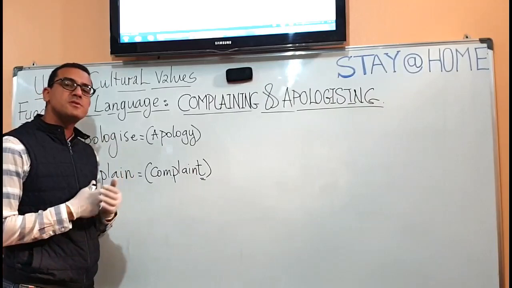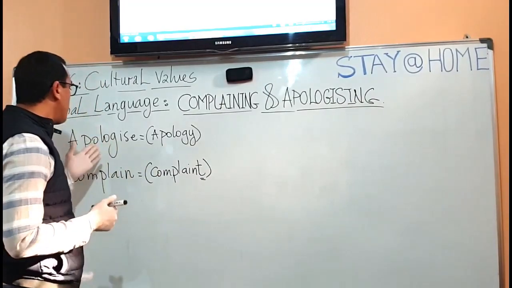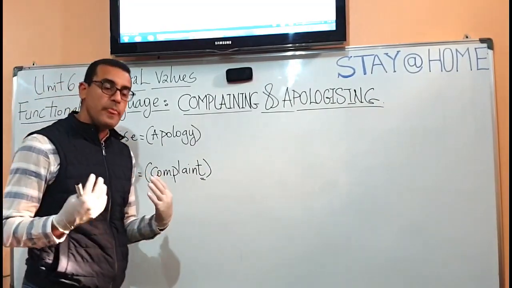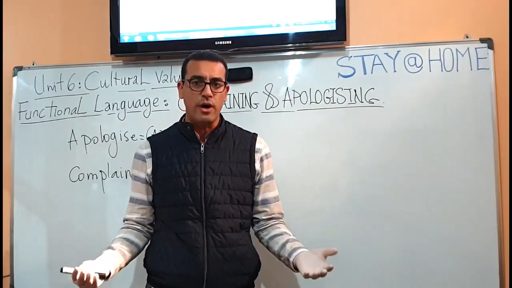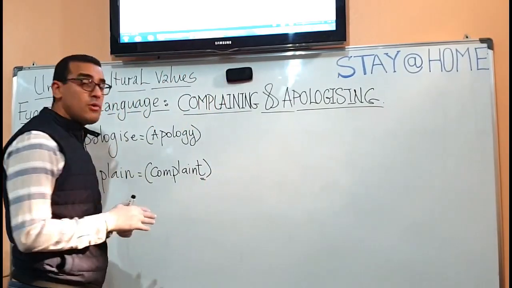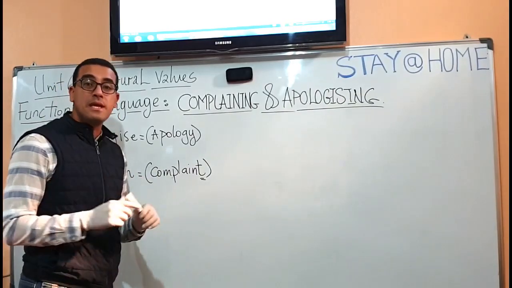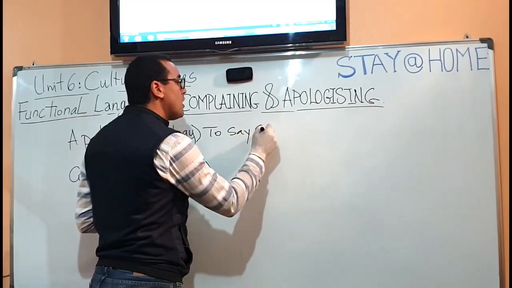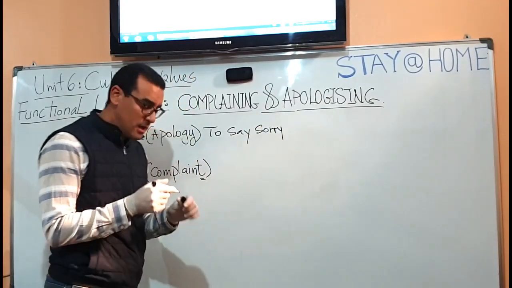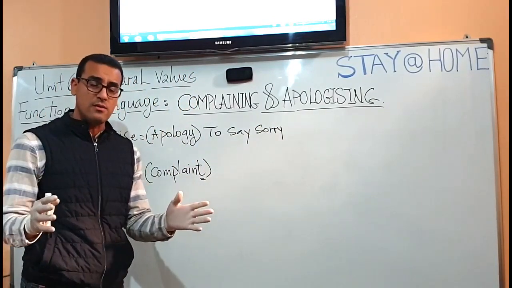So let's start with the first function. What do we mean by apologizing or to apologize? And when do you apologize to someone? When we say to apologize, it simply means to say sorry to someone.